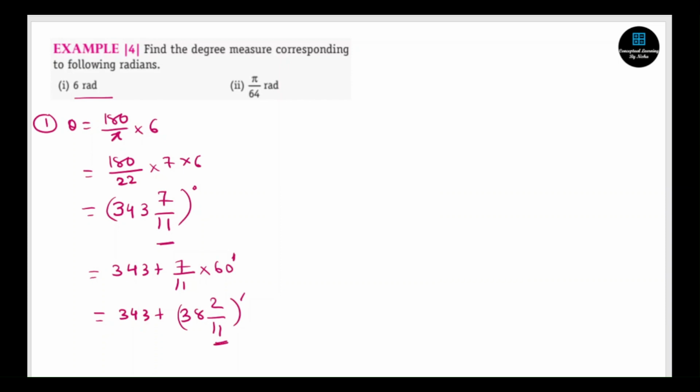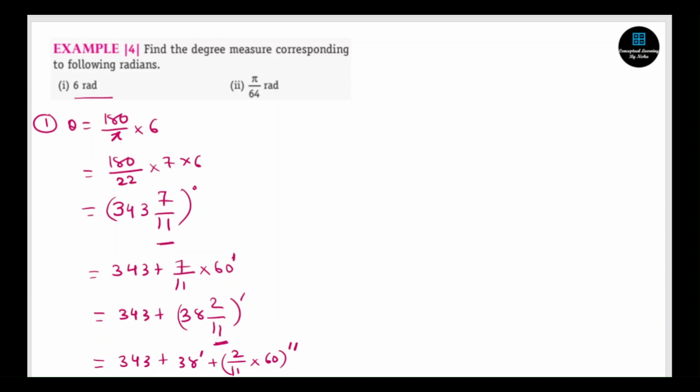Now again I have a fraction part, so I can continue by converting into seconds. So 343 plus 38 plus 2 over 11 times 60. These are in minutes, and now seconds we have to convert.